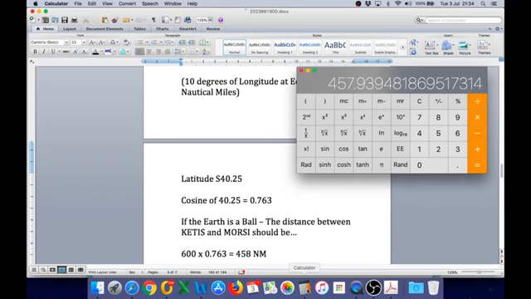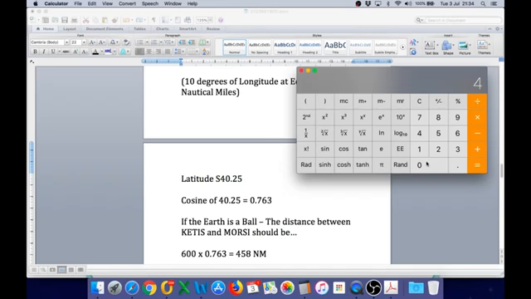Let's go through the math ourselves. So we have 40.25 degrees latitude. There's the cosine. Multiply that by 600. It gives us 457.9. We can round that up to 458 nautical miles.